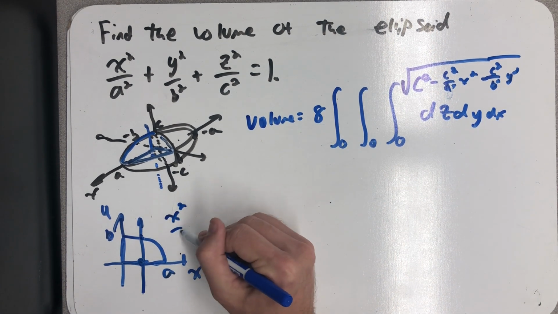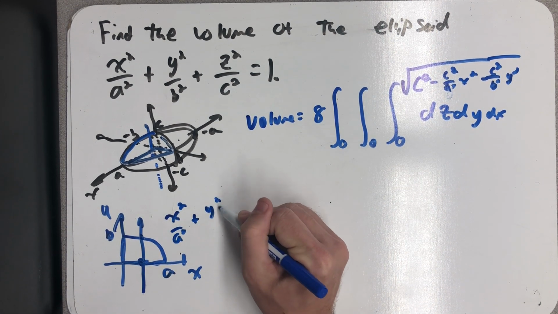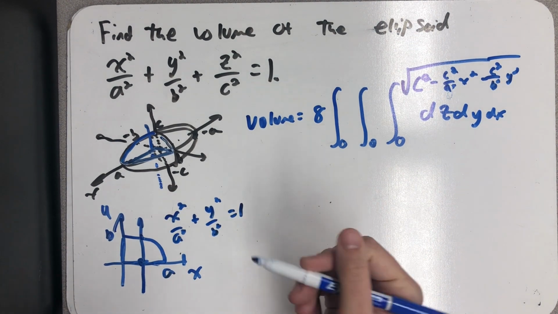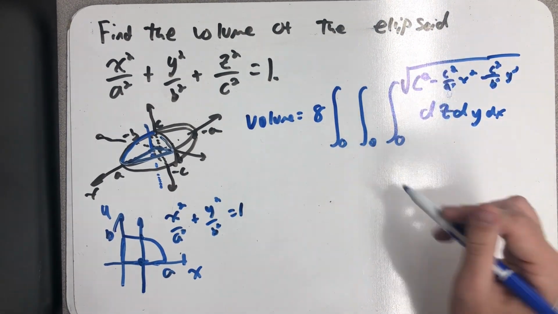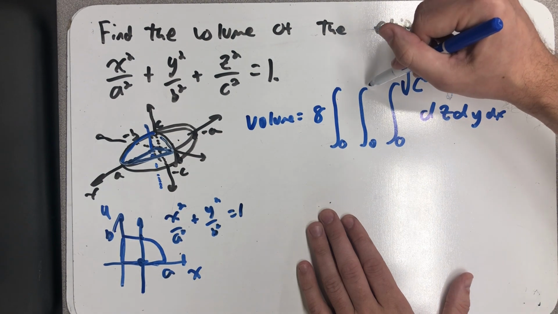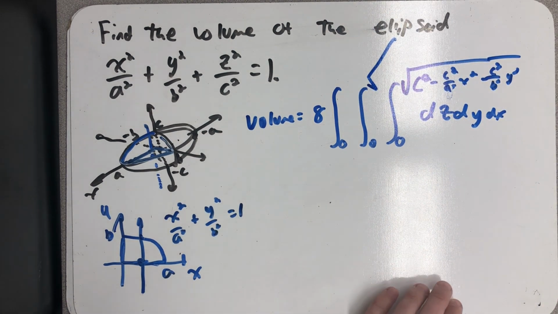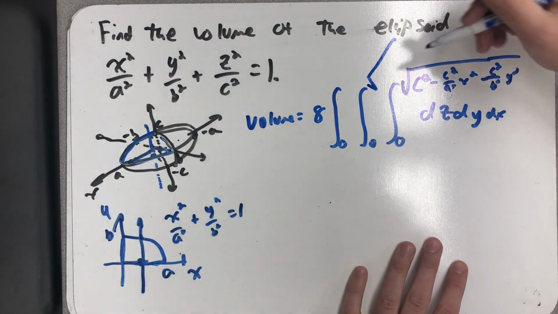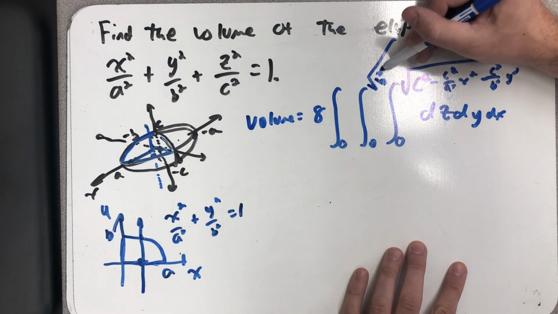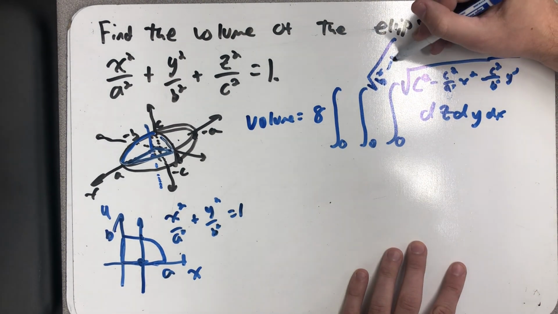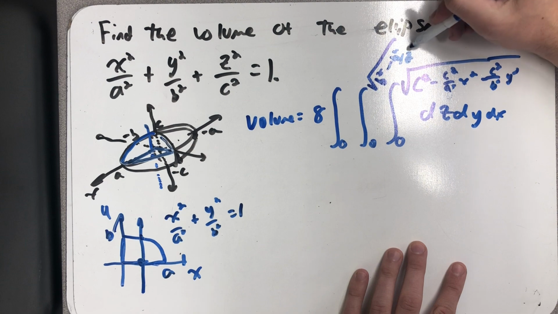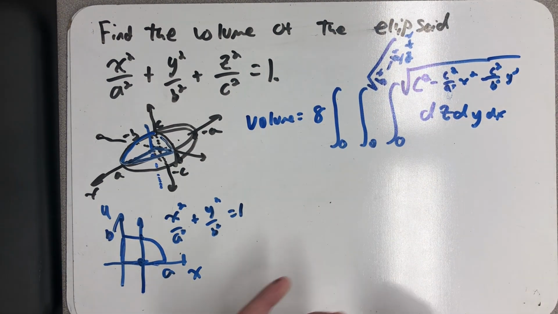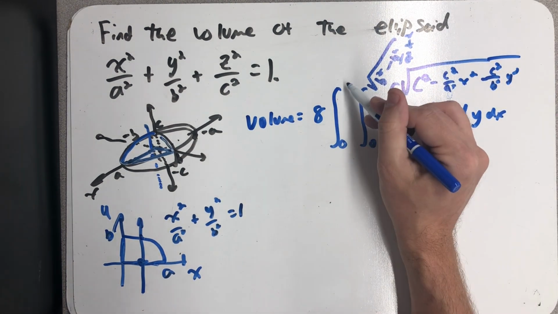Well, that would be x squared over a squared plus y squared over b squared equals 1, which I would then have to solve for y. And so this top bound, I didn't give myself a lot of room to write it, so I have to kind of write it in here a little oddly, would be this. And then finally in the x direction from 0 to a.